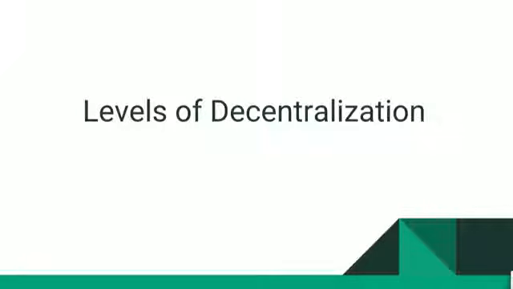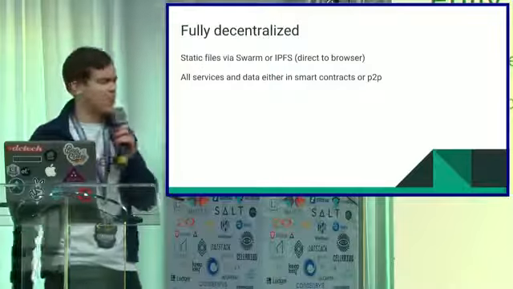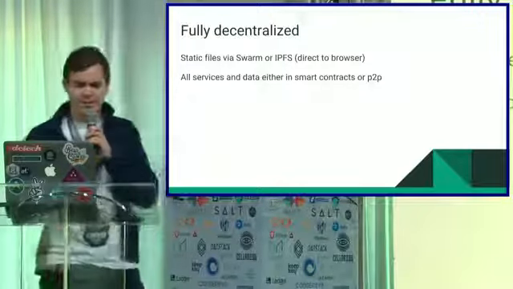So when we decided we wanted to dive into this, we first wanted to evaluate the different levels of decentralization available to us. So just going through those quickly. Fully decentralized, as we saw it, is basically having every single bit of data being served in a peer-to-peer fashion. So this includes having your static files that compose your front end being served via Swarm or IPFS directly to the browser, and then all other business logic and data is encapsulated in smart contracts or peer-to-peer systems.